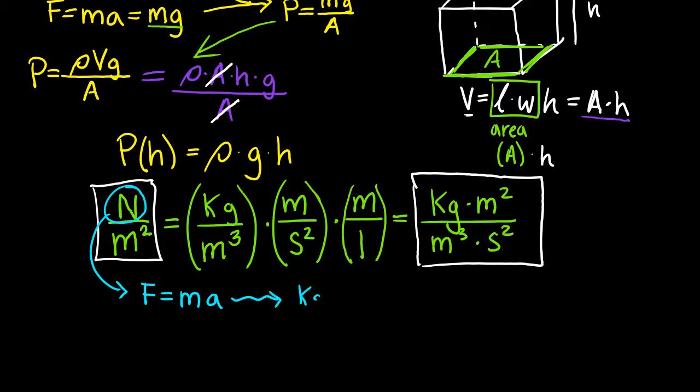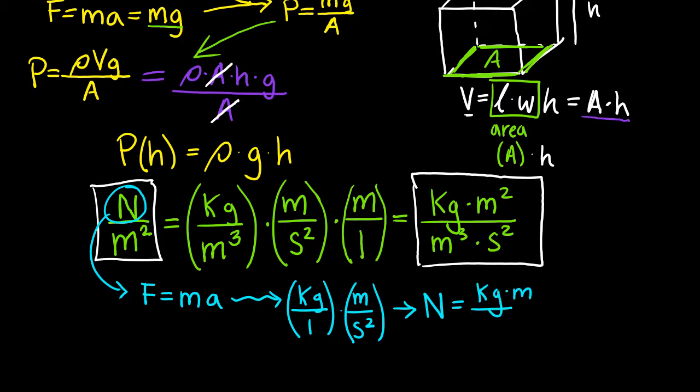We know that mass is kilograms, and it is being multiplied by acceleration of gravity, which is meters per second squared. So a Newton is a kilogram times a meter divided by square seconds.